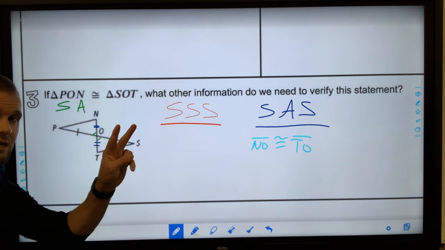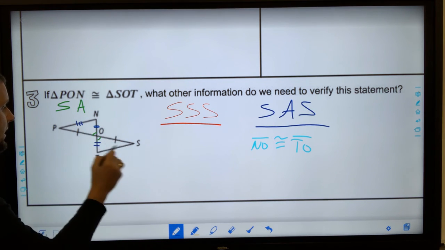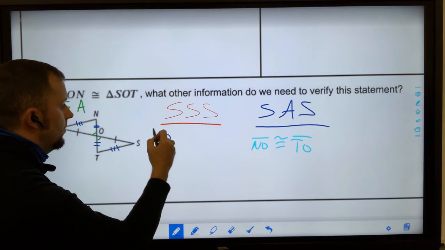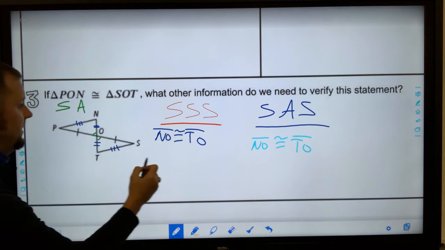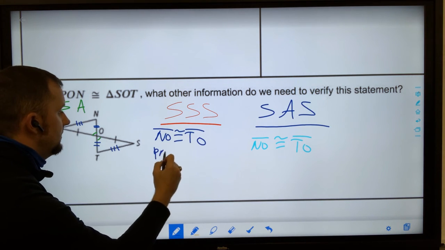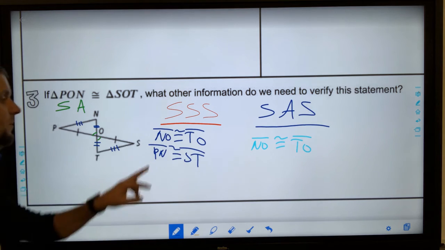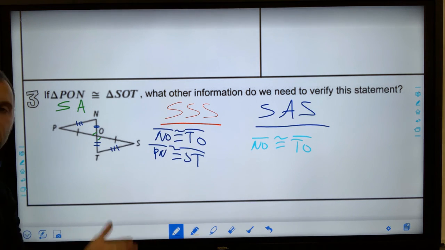And so that's 2 sides. And then I would need the third side, NP and ST, to be congruent. So I would need NO to be congruent to TO, and I would need PN to be congruent to ST. So that would be the information I would need to prove side, side, side congruency, okay?